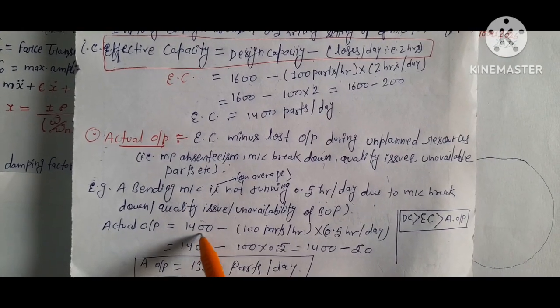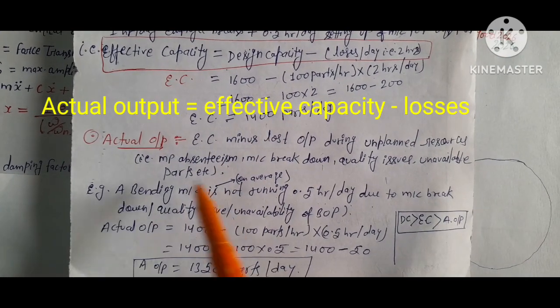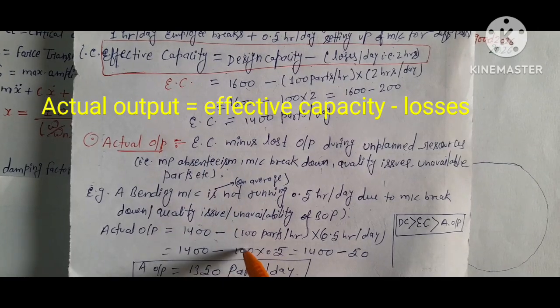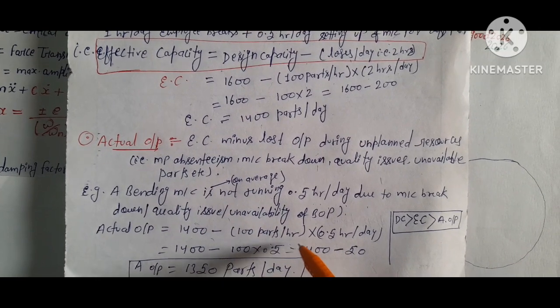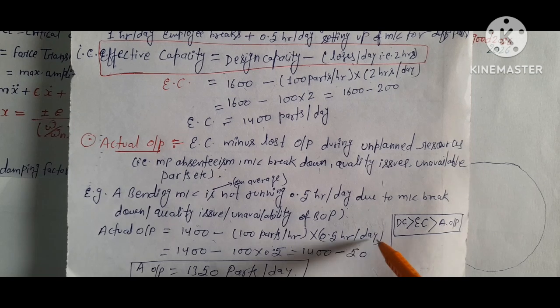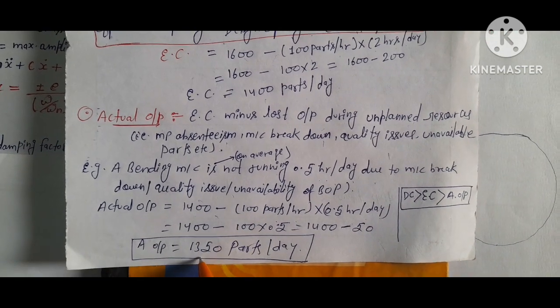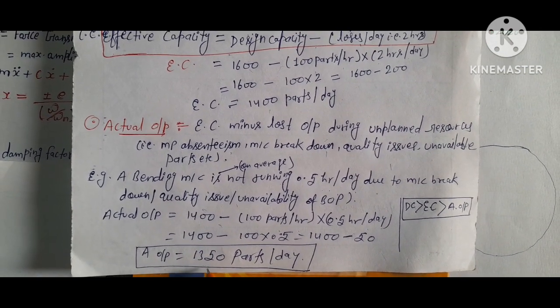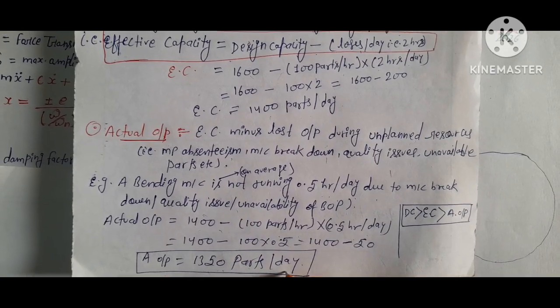So actual output equals 1400 effective capacity minus 100 parts per hour times 0.5 hour per day of breakdown. This calculation gives an actual output of 1350 parts per day.